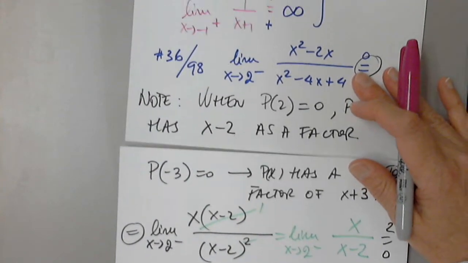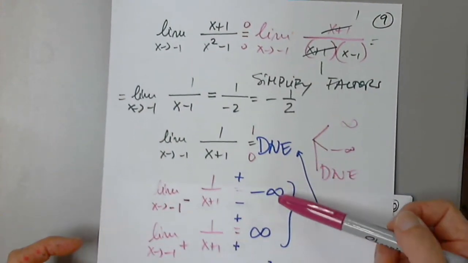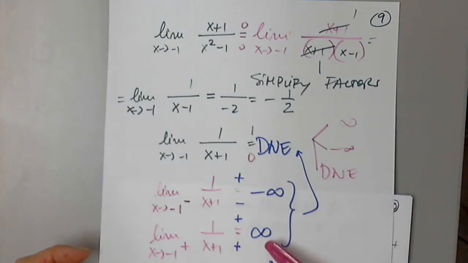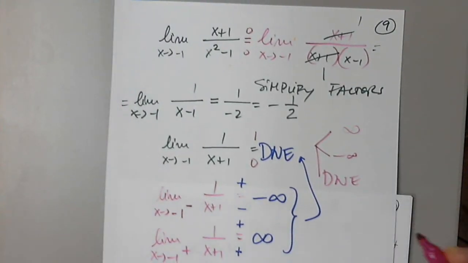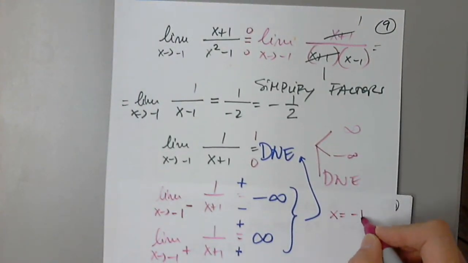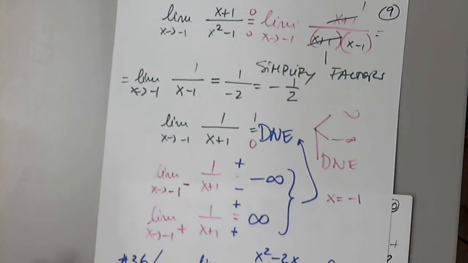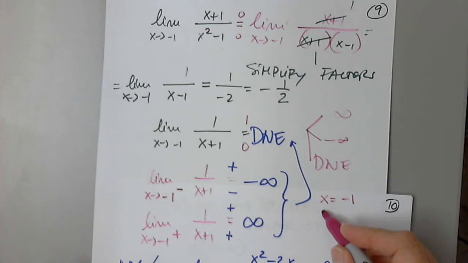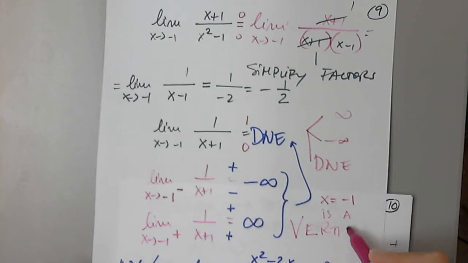I want to come back here for a second. I just want to clarify one more thing. If the limit from the left is negative infinity, or the limit from the right is positive infinity, or just one or the other, what do you conclude about the original function? Exactly.